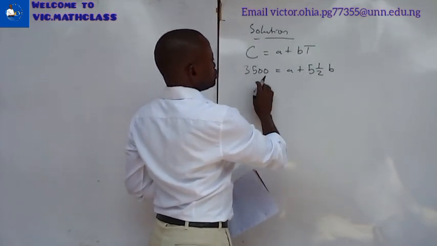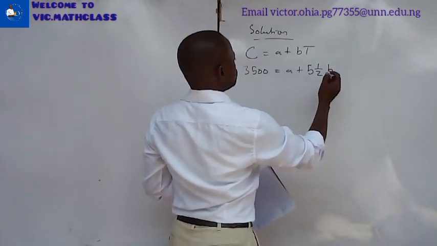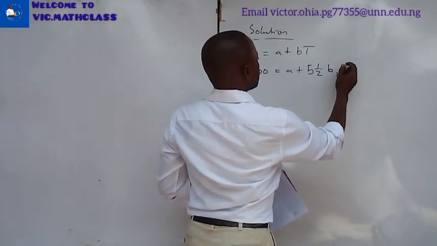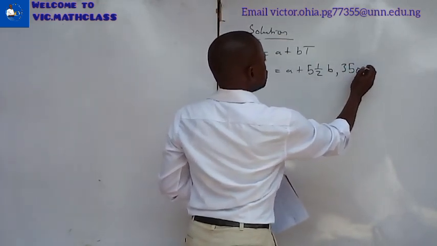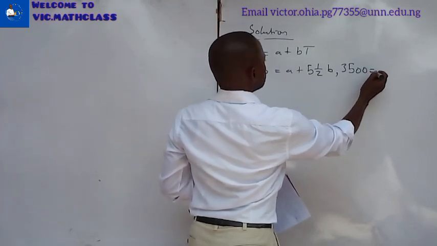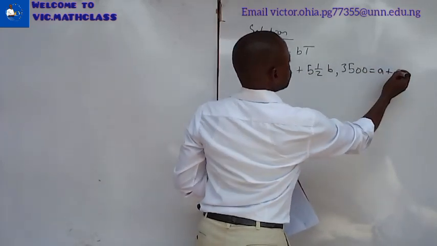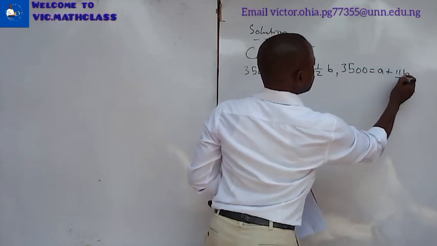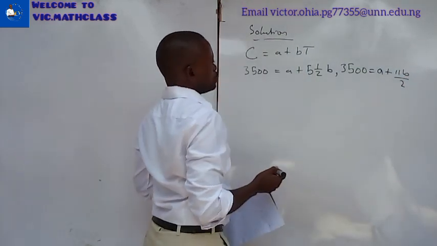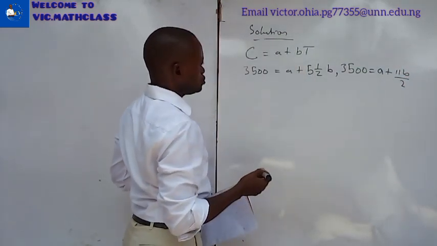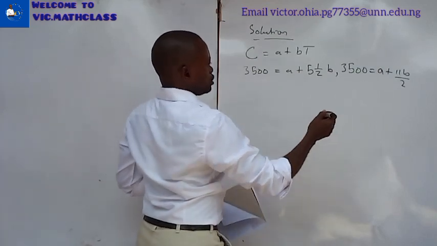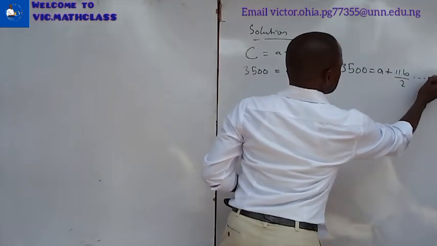Let me change this to 3,500 equals A plus 11B over 2. That's my equation 1.